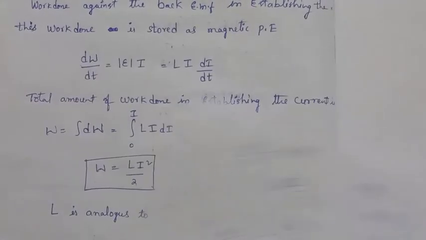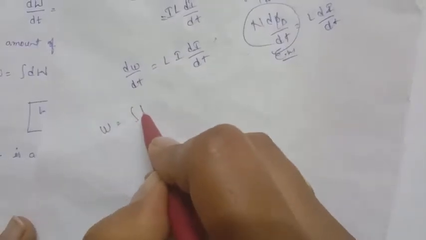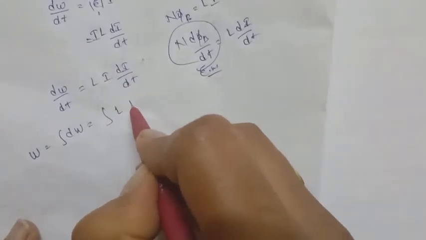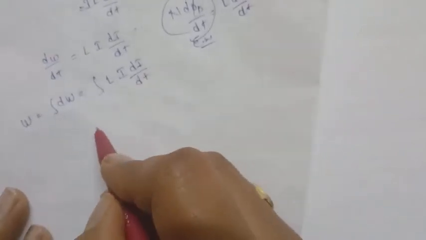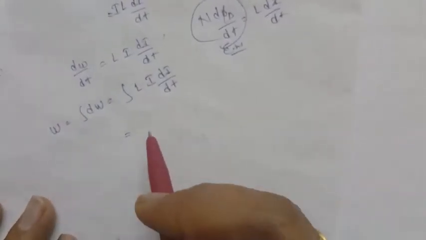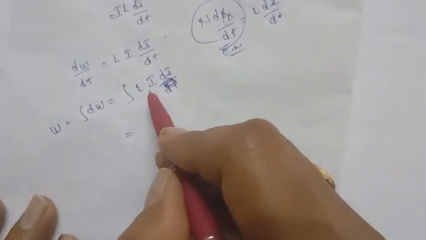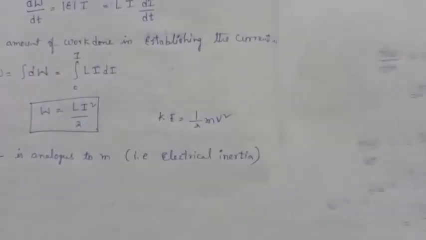The total work done in establishing the current is obtained by integration: W is equal to integral of dW, that is the integral of L I dI, which gives L into I square by 2.